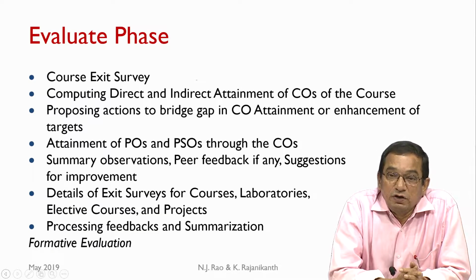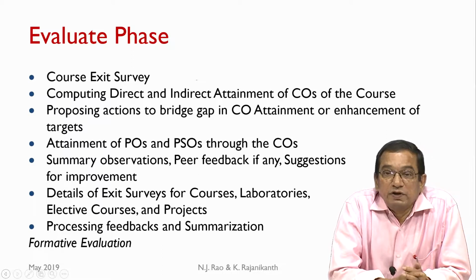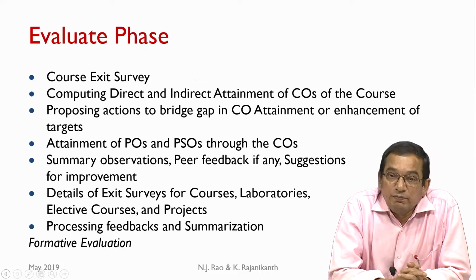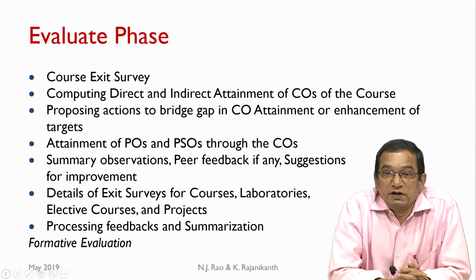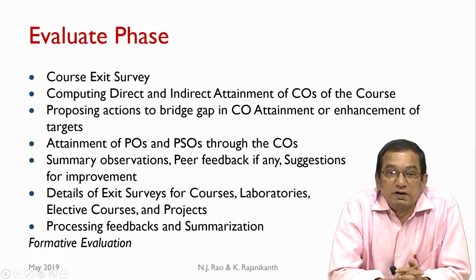We can do an upward revision of the target, aim higher, or we can retain the same target level and see if we can repeat this attainment next time also. But we must record the observations, what we are doing with respect to the improvement if required, or revision of the target if we have achieved the target levels. This is an extremely important activity.